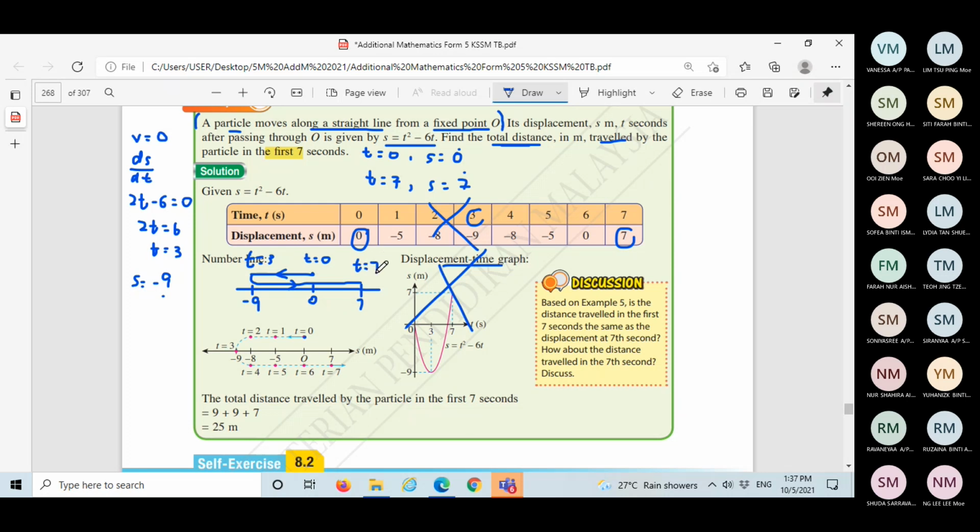For me, my number line will be like this. Simple, no need to label everything 1, 2, 3, 4, 5, 6, 7. I just get the key. Then what is the total distance traveled? I use another color.